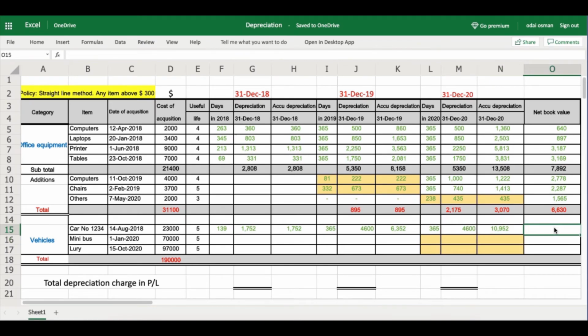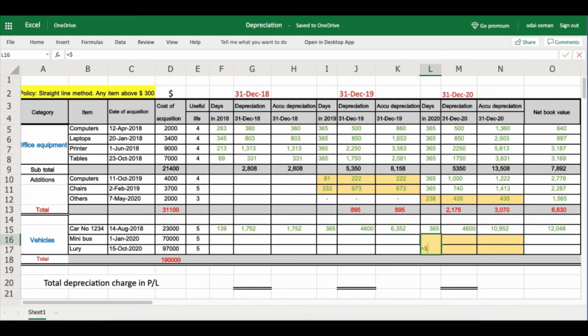So the net book value for this asset, which is car, would be equal to the cost of acquisition minus the depreciation for the current year gives us this amount.